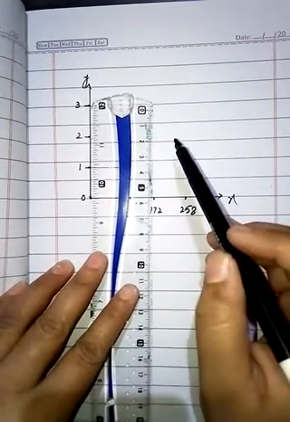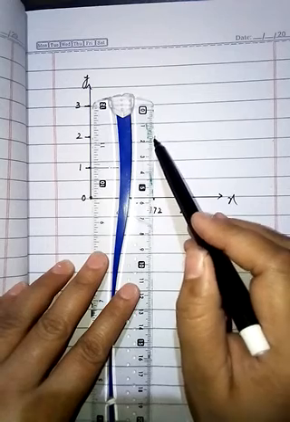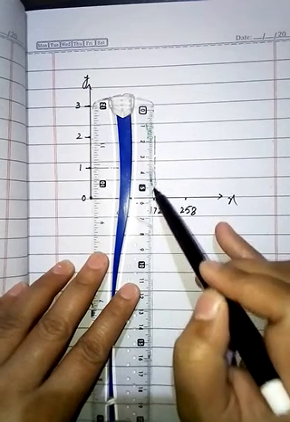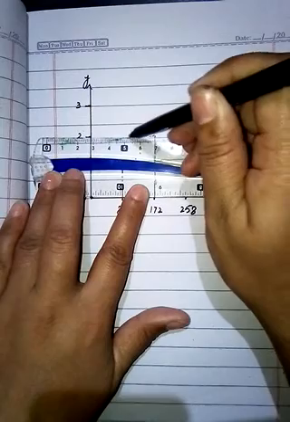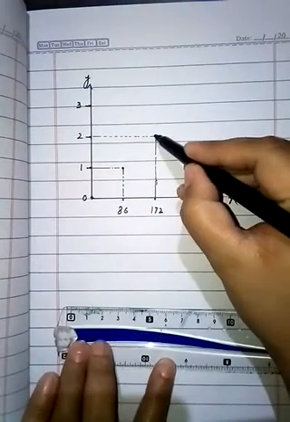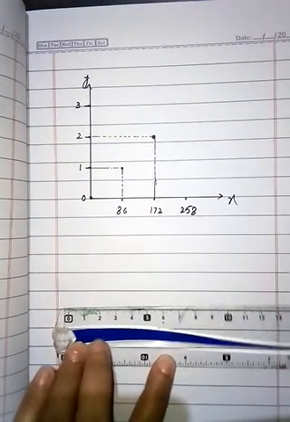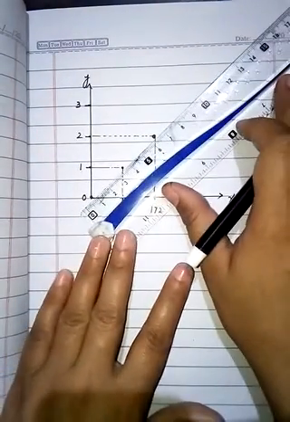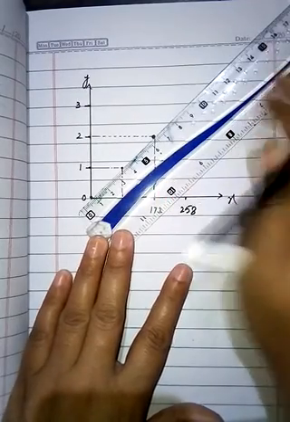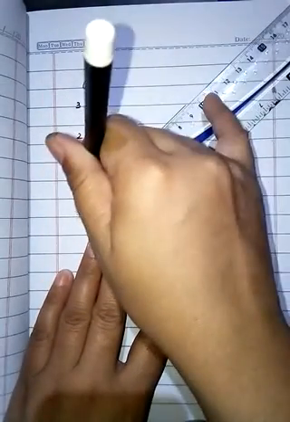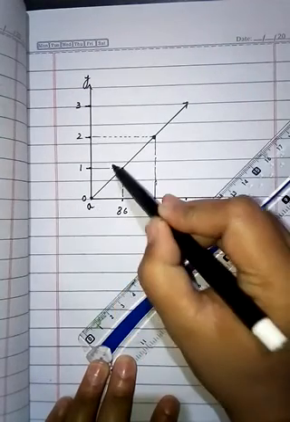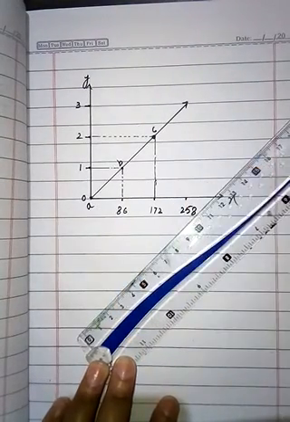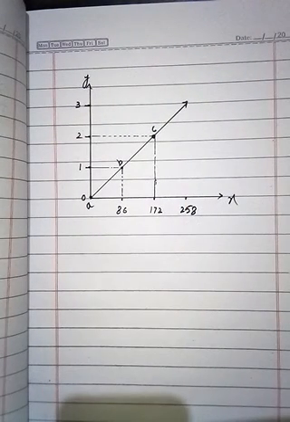So you have to extend this line up to 2 in a dotted line. Now check that both dotted lines meet at this point. Now you have to join these 3 points like this. Now this is the graph. This is point A, this is point B, and this is point C. I hope you now understand how we can draw the graph.